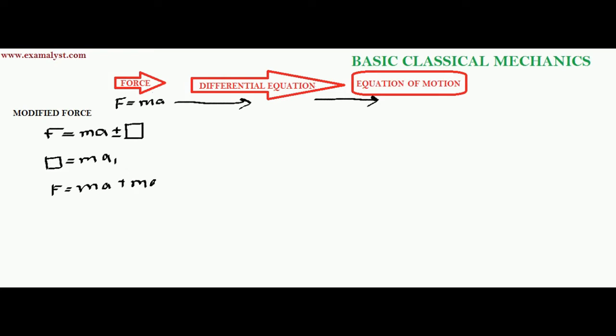If you take the mass common, you find that the change we have done is responsible for an increment in acceleration. If the change is minus m a1, then it is responsible for a decrease in the overall acceleration, because it will become a minus a1. So this represents a decrease in overall acceleration.